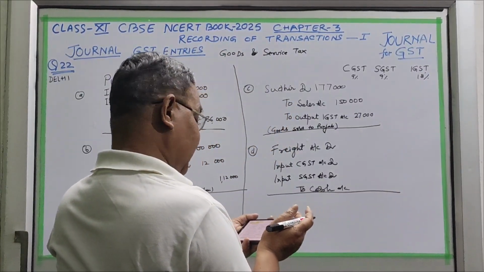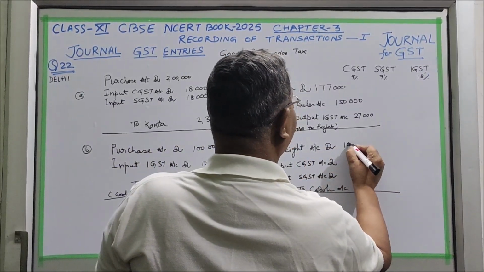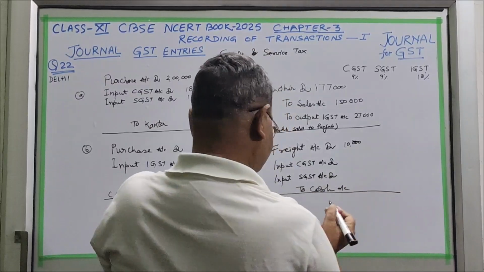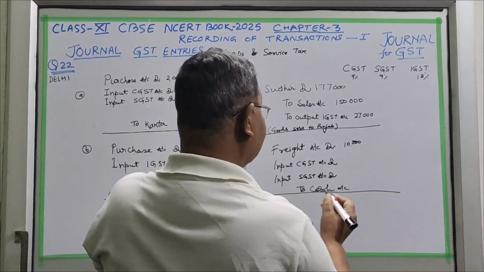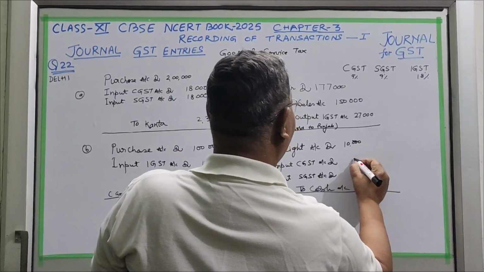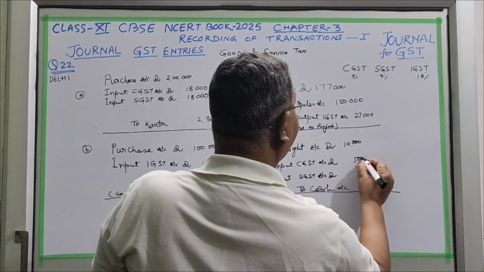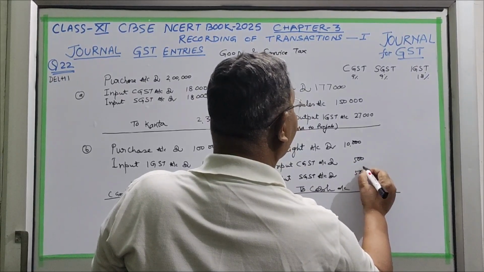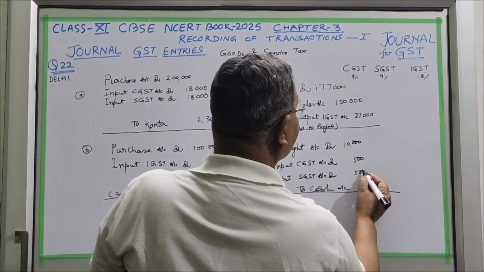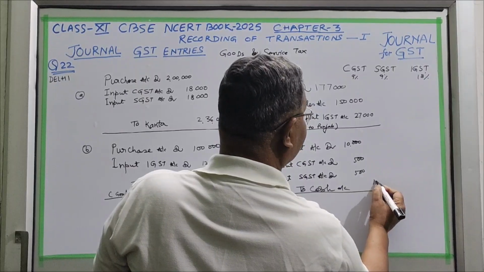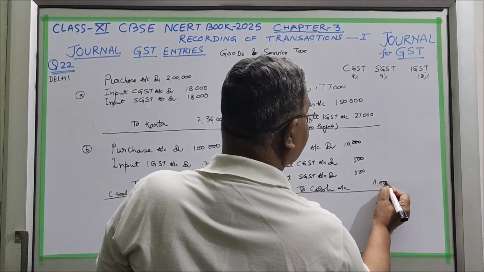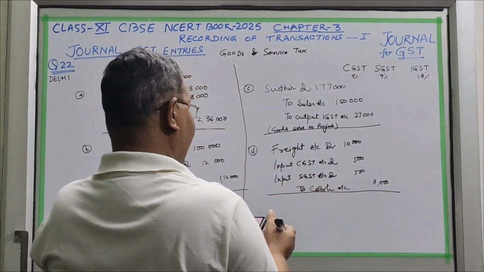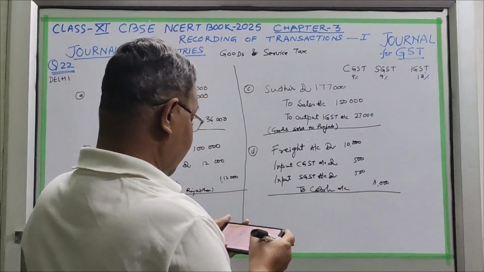Railway transportation 10,000 you have paid, of which 5% is CGST, so 500, and 5% is SGST, 500. So it will become 11,000 you have to pay. So here we will write freight, railway transport paid.